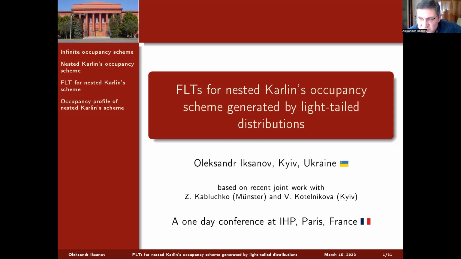Also, there is a rule which specifies how the balls are spread over the tree. In particular, this rule makes the scheme nested. I start by giving the definition of the classical Karlin occupancy scheme, both deterministic and randomized. Then I discuss some relevant literature, and once this is done, I'll introduce the nested Karlin occupancy scheme and present our main results.